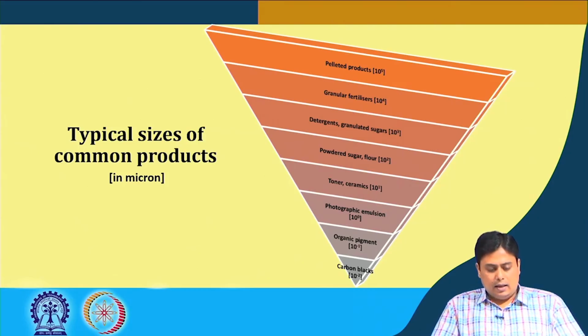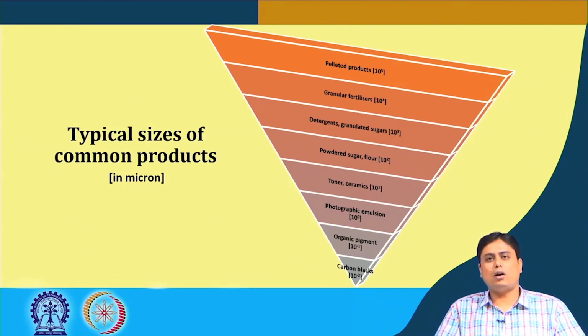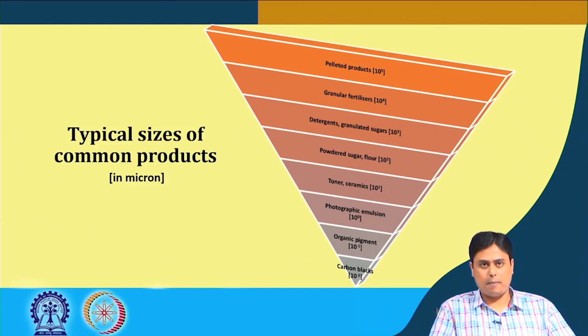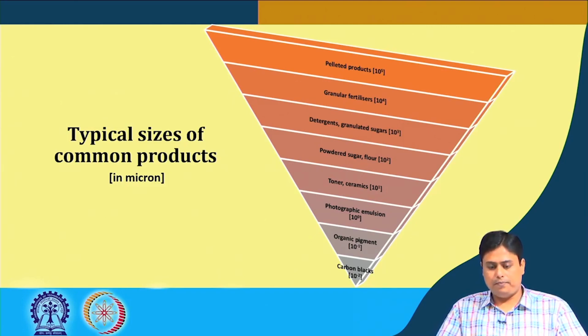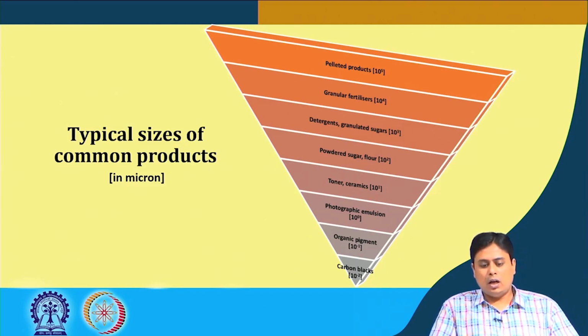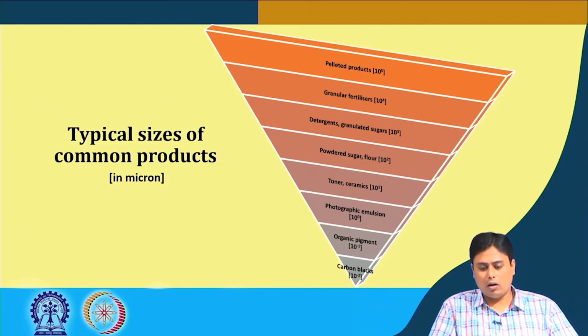This is a slide that shows the typical sizes of various common products that are commercially available. This is the size range given in microns. For example, the topmost is the bigger particle, which is in the order of 10 to the power 5 micron, which means in the order of meter scale, that is the pelleted product.